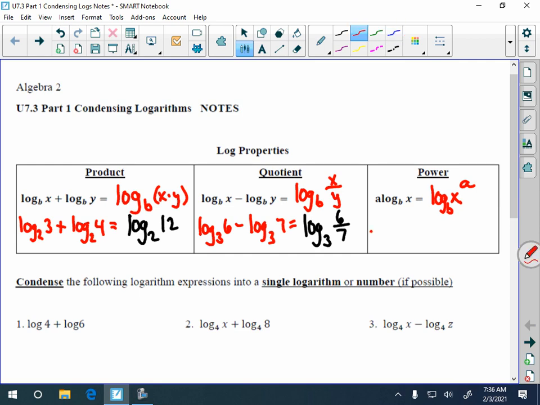So for example, 2 times the log base 3 of 4, right, so that'll become log base 3 of 4 squared, which would be 16. Okay, 4 squared, and then you can simplify it down to 16.